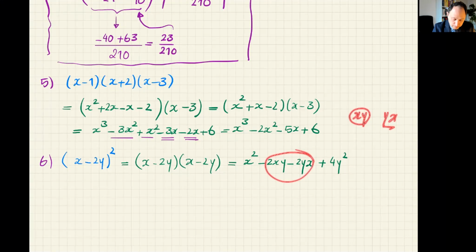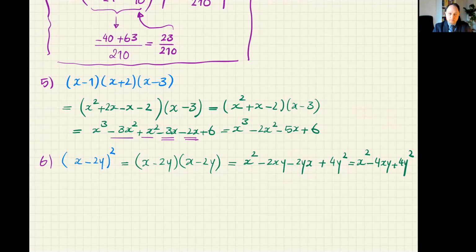So these are similar. So the answer is x squared minus 4xy. If you want, you can write xy or yx, both are correct. And then I would write 4y squared.